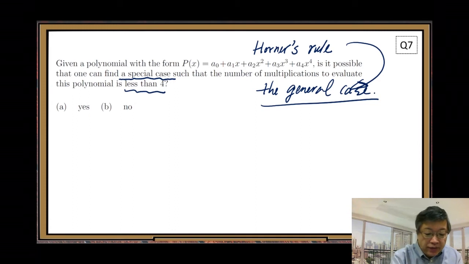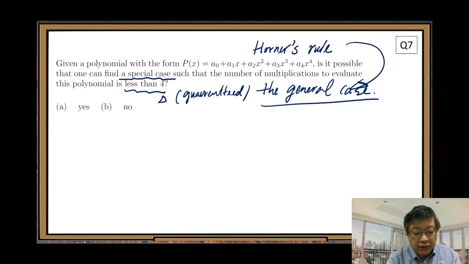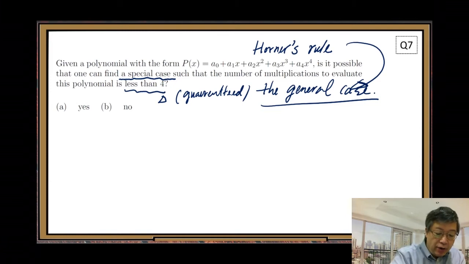And the number of multiplications, 4 multiplications, is guaranteed by Horner's rule, right? So that's what we get from Horner's rule.